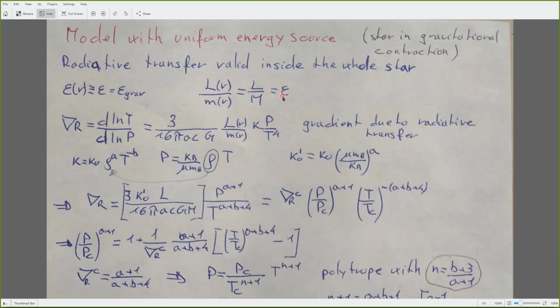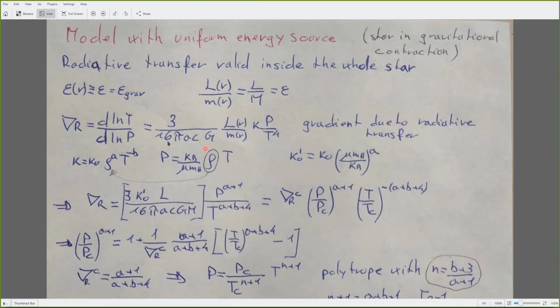So up to a given radius, the energy you produce increases with the mass. So this term, let's say, is constant, and also it's a constant deceleration inside all the star. We calculate this gradient, and we suppose that it's due to radiative transfer. We suppose that radiative transfer is the one that is working inside the star. So the gradient is the one due to the radiation.